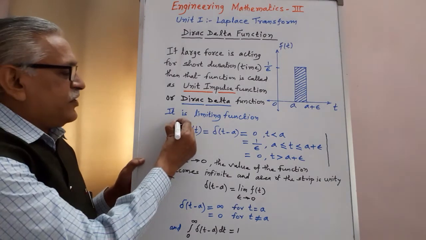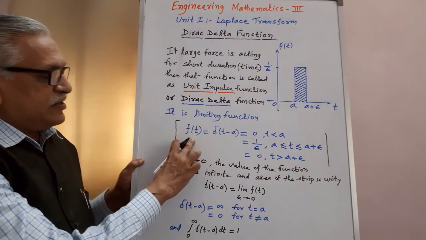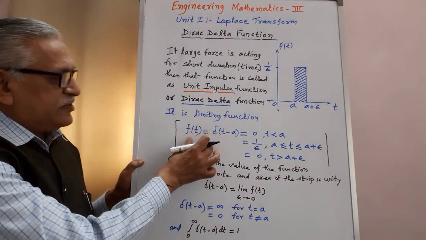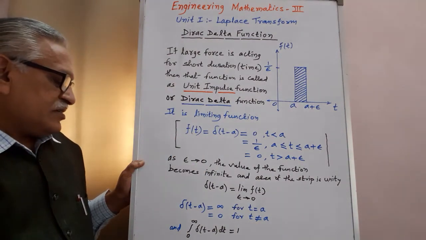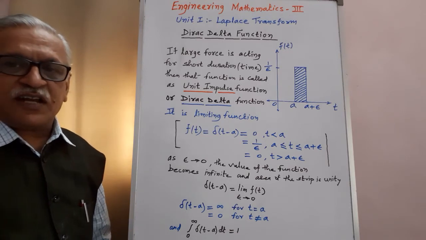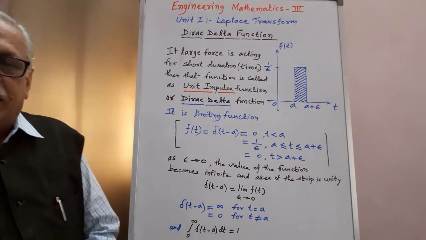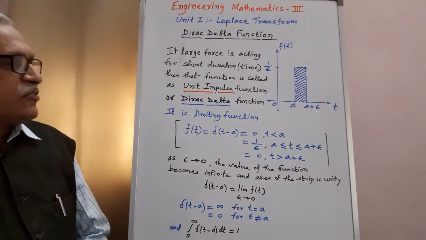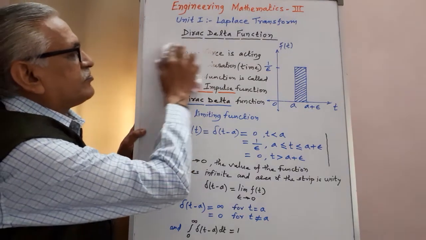Therefore, remember this definition for delta t minus a, known as Dirac-Delta function or unit impulse function. Then we try to see the Laplace transform of that Dirac-Delta function, and then we try to solve some problems on it.